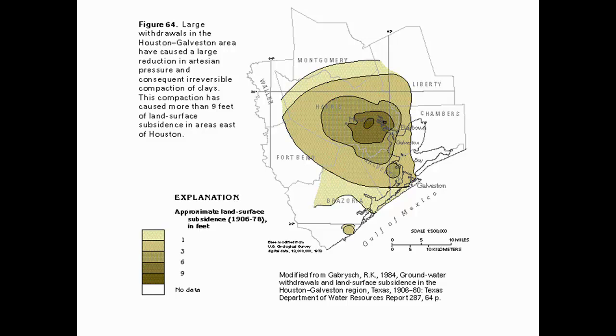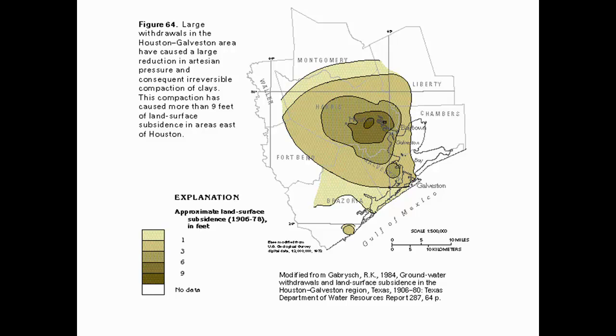The result of the compaction is that ground subsidence in excess of 9 feet has occurred in some areas of Harris County. The areas of greatest subsidence occurred in these areas that have the darkest colors. In those places, land subsidence exceeded about 9 feet over the course of the early to mid 20th century.